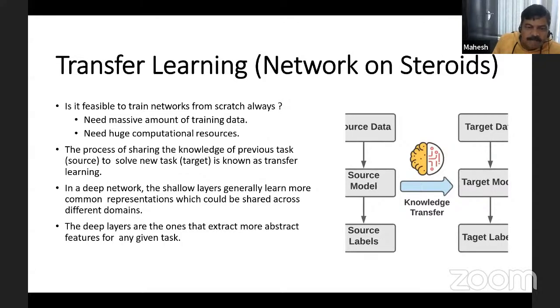So this is transfer learning. Second thing, we can save time, training time, because the model is already trained. No need to start from scratch. So there are many advantages of transfer learning, and that's why you'll find many COVID-19 detection papers using transfer learning.